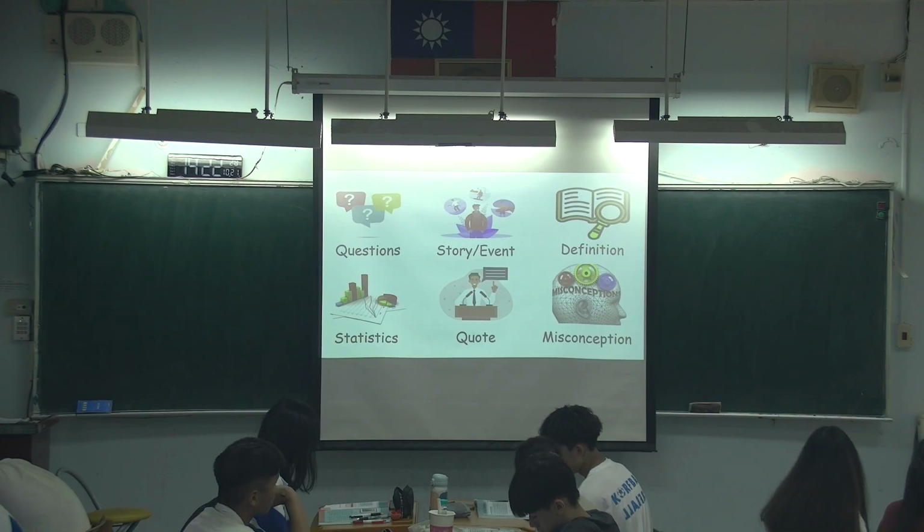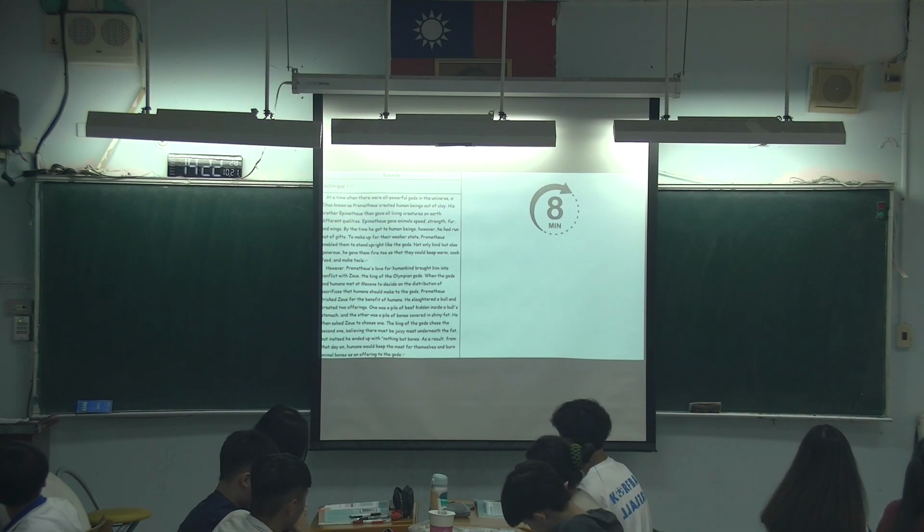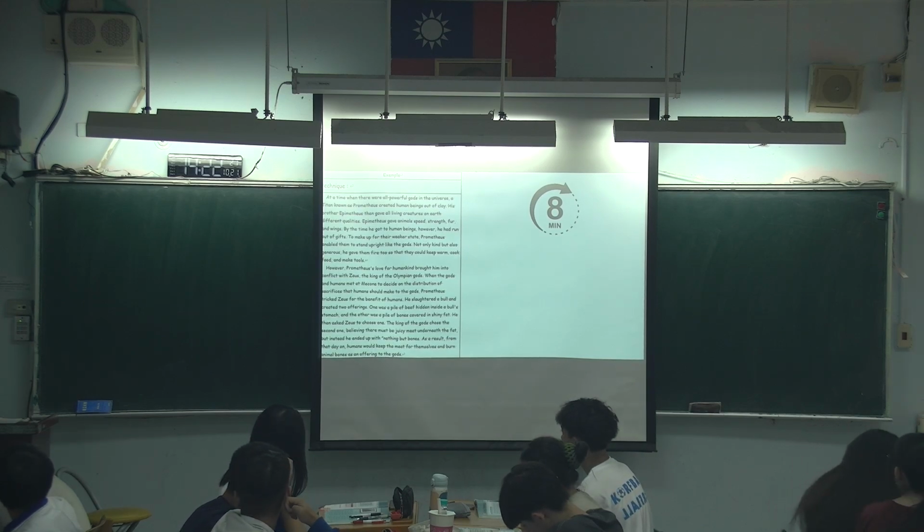Okay? So we're going to move on to the next activity, okay? Get ready. I'll give you about 8 minutes, and now I'll give you a handout for each group, okay? So wait a minute.